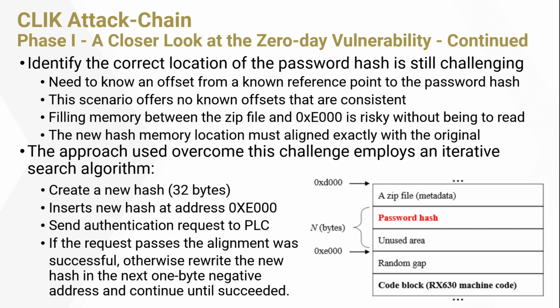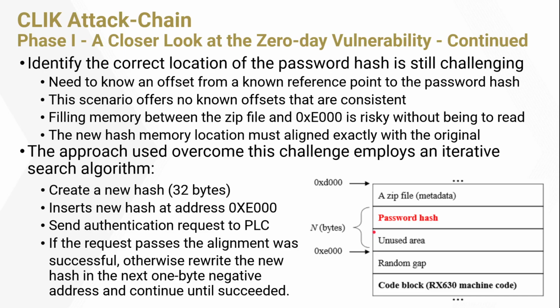Now, an approach used to overcome this challenge employs an iterative search algorithm, which creates a new hash and inserts this hash starting at the address E000, or rather, ending at the address E000. After this new password hash is inserted, it's going to send an authentication request.